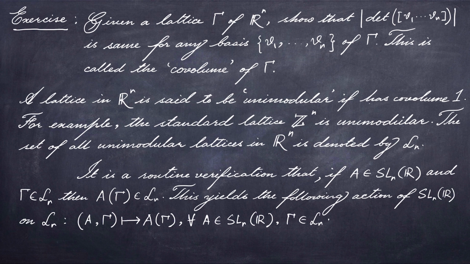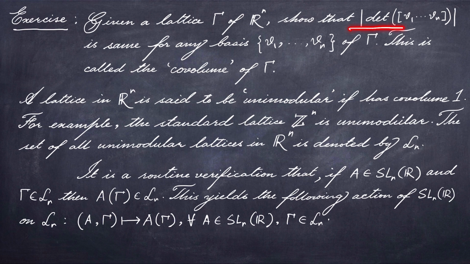And that's actually immediate, if you remember that two bases of a discrete subgroup, in this case of full rank, differ by a matrix with integer coefficients which is also invertible, and the inverse also has integer coefficients. Therefore, a matrix with integer entries whose inverse also has integer entries must have determinant plus or minus 1.